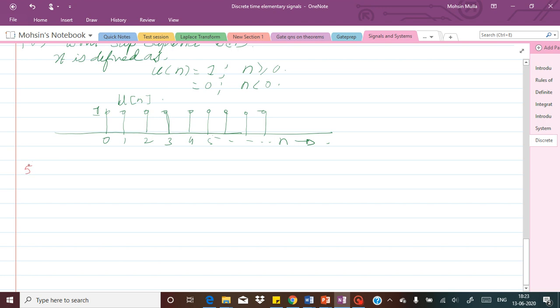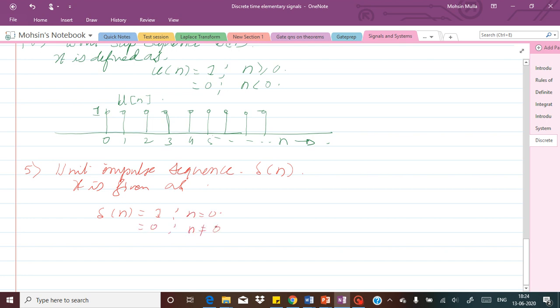Now the fifth type of discrete time elementary signal is the unit impulse sequence. The unit impulse sequence is represented as del of n, and mathematically it is given as del of n equal to 1 at n equal to 0, and del of n equal to 0 for n not equal to 0.